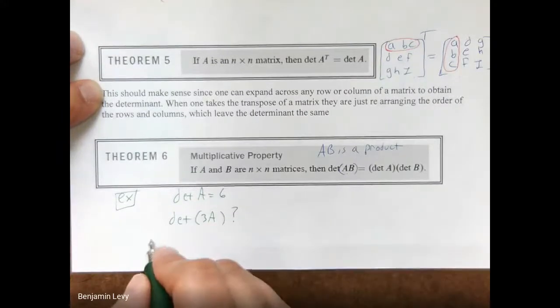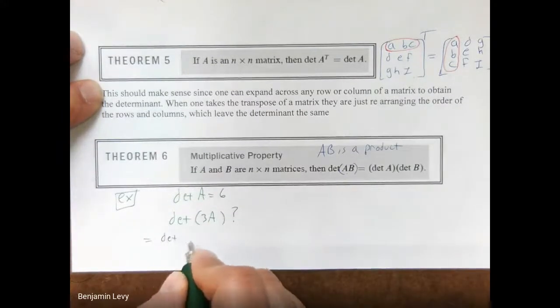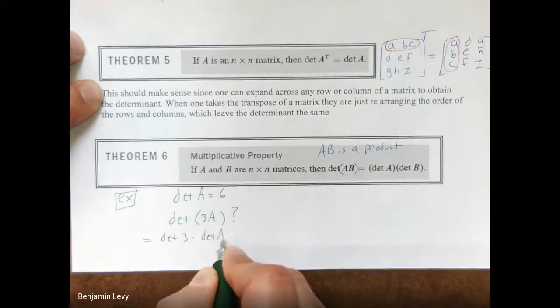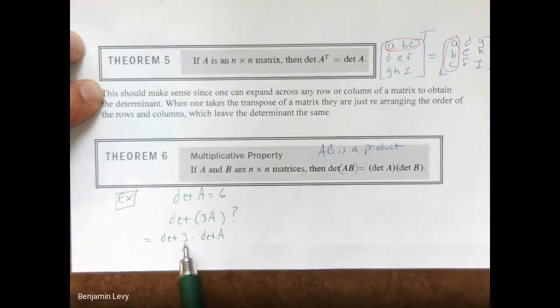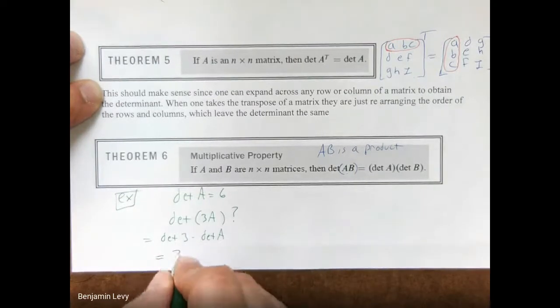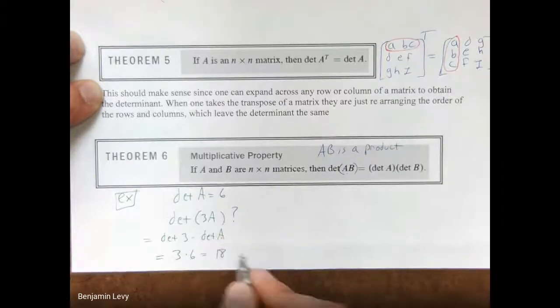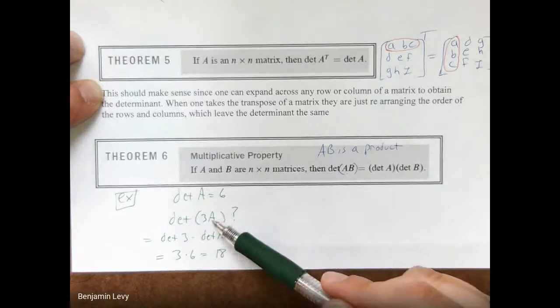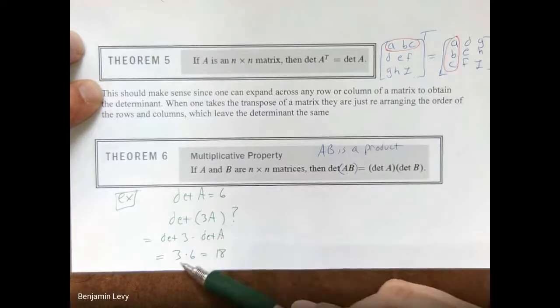Well, this is just the determinant of 3 times the determinant of A. And the number 3 you can think of as a 1-by-1 matrix. And so the determinant of 3 just stays the same. It's just 3. And we know the determinant of A is 6. And so that's one application. If you want the determinant of a scalar multiple, you just scale the determinant by that multiple.